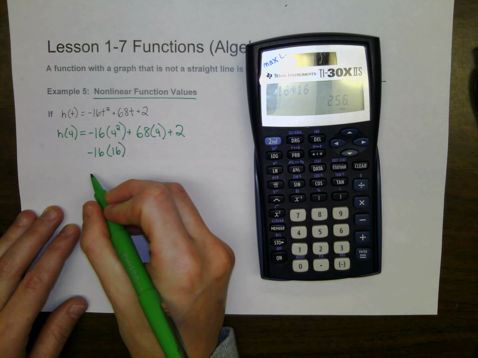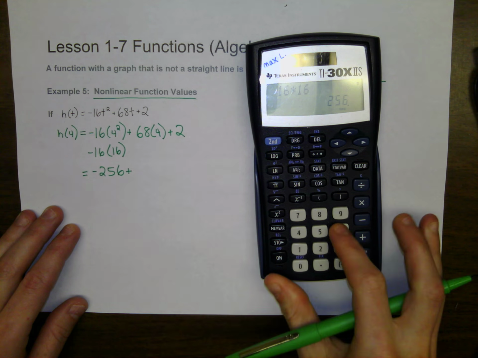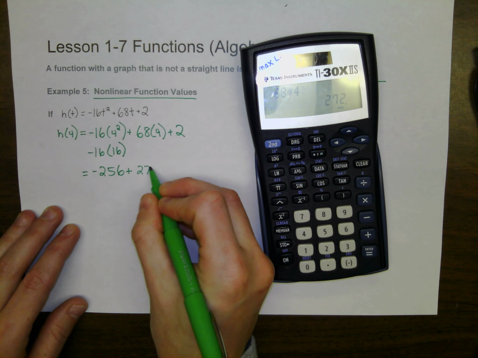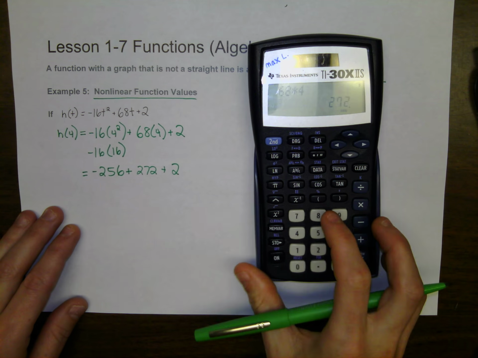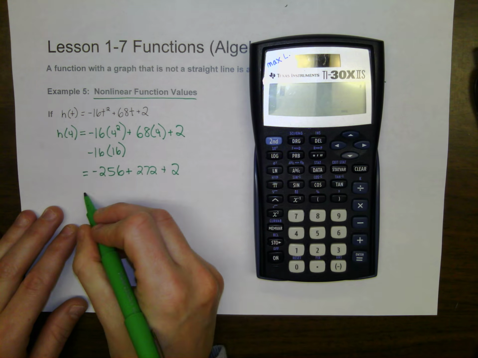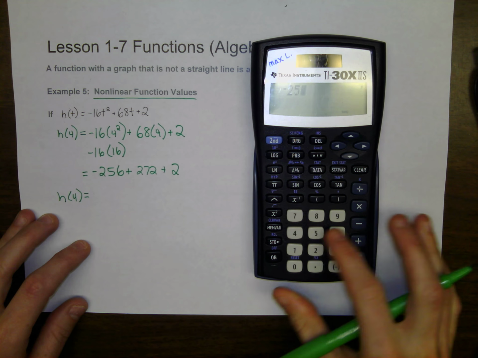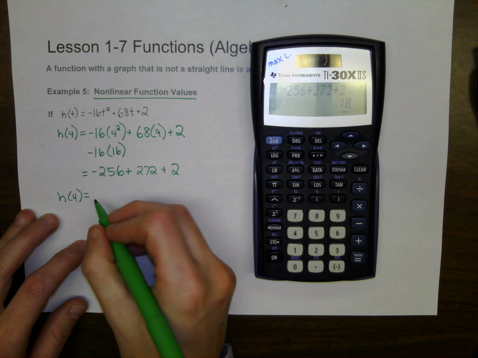So negative 256 plus 68 times 4, 272 plus 2. And now I can get h of 4 equals negative 256 plus 272 plus 2 is 18.